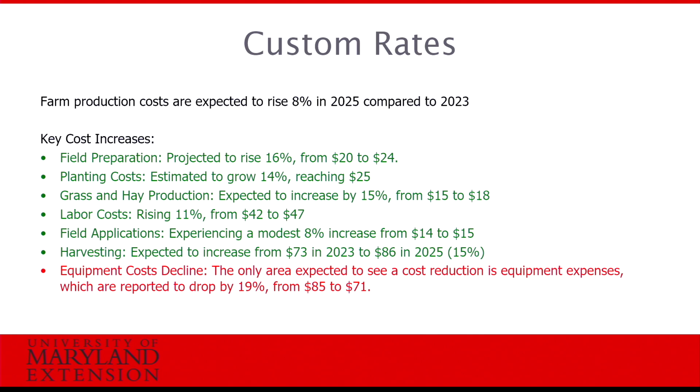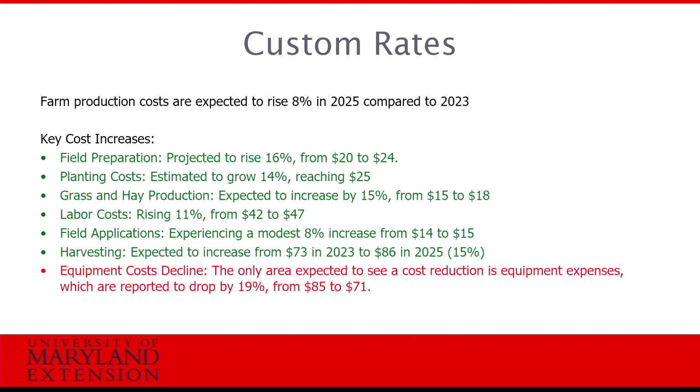So the custom rate survey, this is conducted every other year. So generally in the fall of an even year, we send out a mailing and an email, and we publish it for the odd year. So this is compared to 2023 that we published. We're seeing about a 5 to 8% increase from 2023. Overall, most of it is in, you can see the green ones here, all received increases.